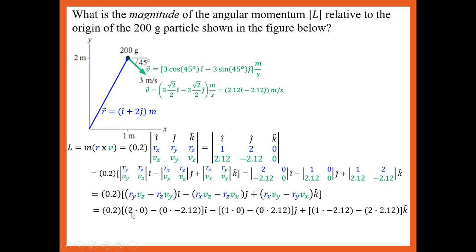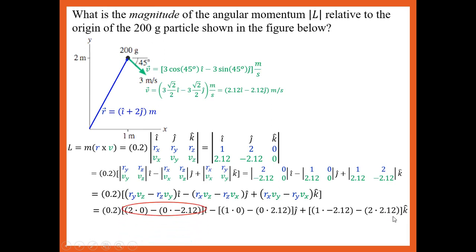So it'd be 2 times 0, 0 times negative, and then in the next one it'd be 1 times 0, because you're crossing. 1 times 0, which is right there. It'll be 0 times 2.12, which is right here. And then this would be 1 times negative 2.12. So there's my 1, there's my negative 2.12, there's my negative because we're taking the difference, and then there'll be 2 times 2.12. In parentheses, I have 2 times 2.12.